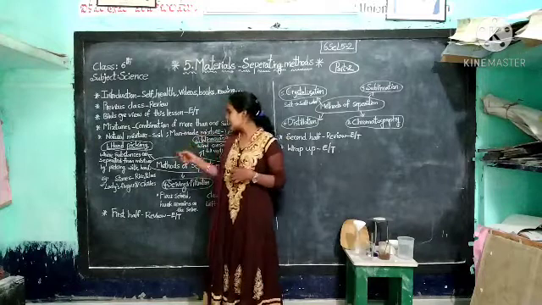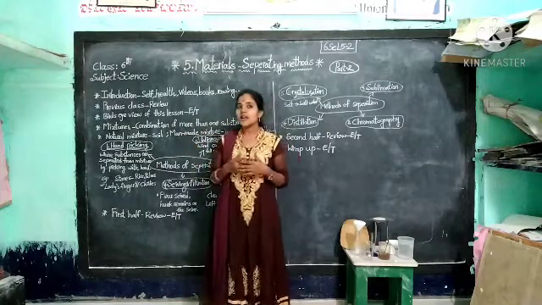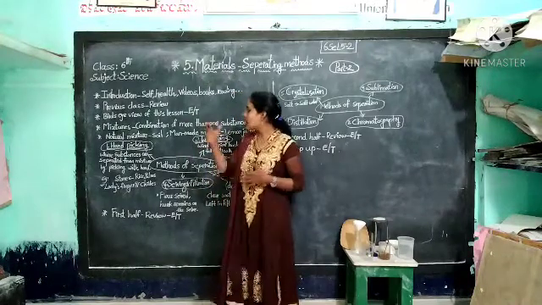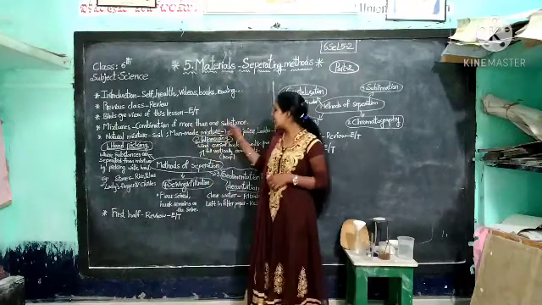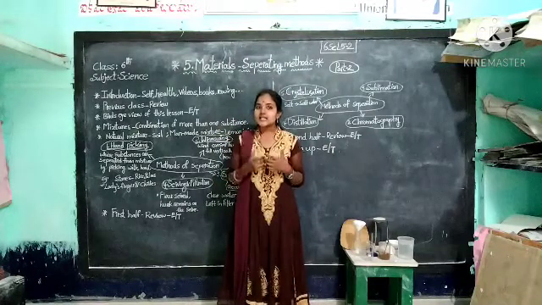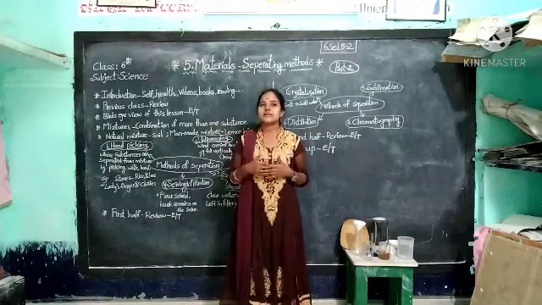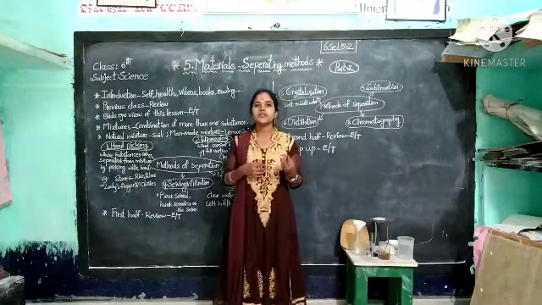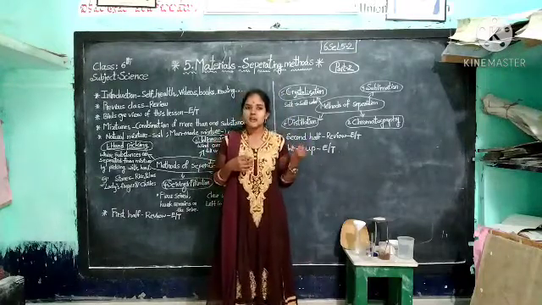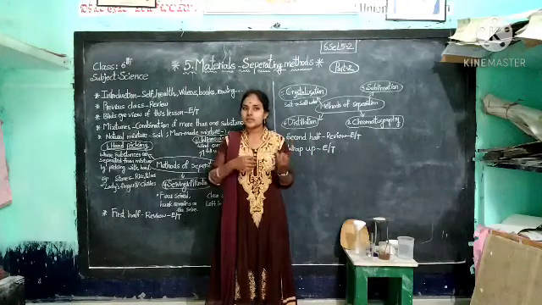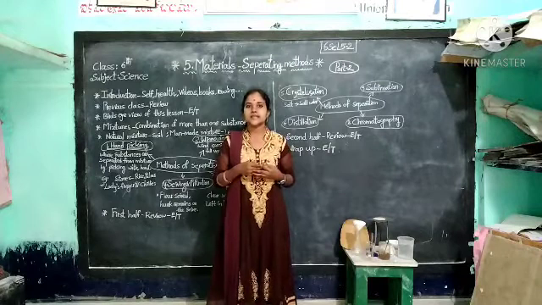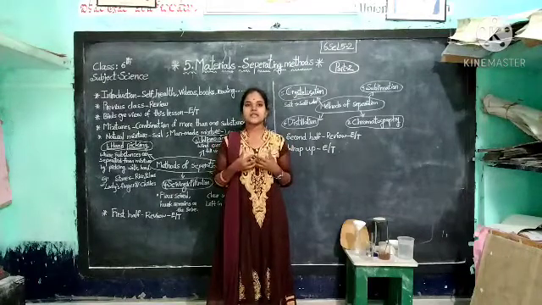Very good. See, first of all, mixtures. What are mixtures children? Yes, mixtures are nothing but a combination of more than one substance. For example, if you take tea, milk is one of the substances, sugar is one of the substances, and tea powder is one of the substances.